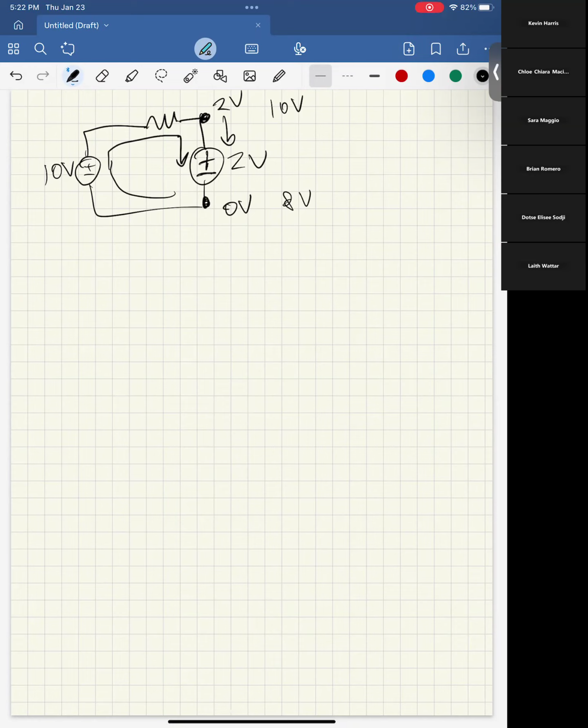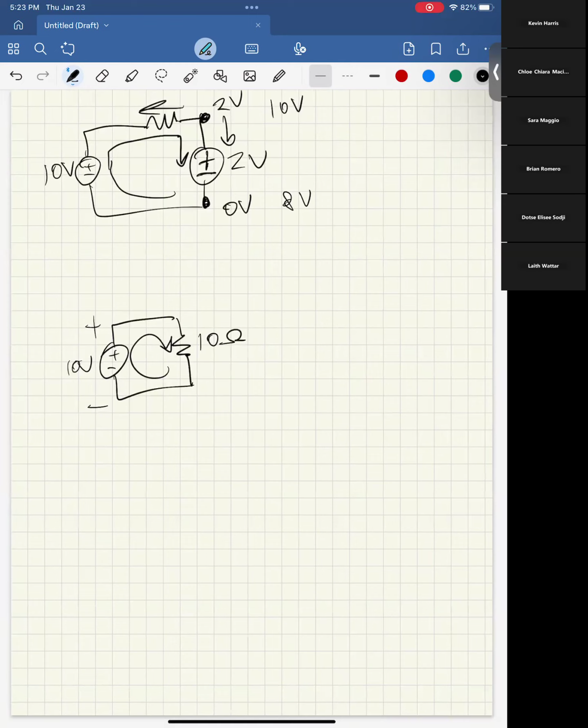The current only shows up if I then have a resistor. If I have this, then there's no current because there's no way for current to flow. But if I have this, then now I have a path for current to flow. Then current can flow, right?